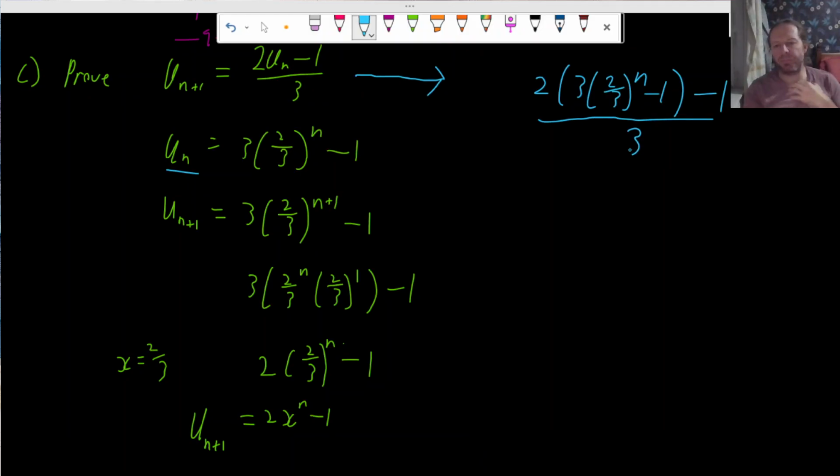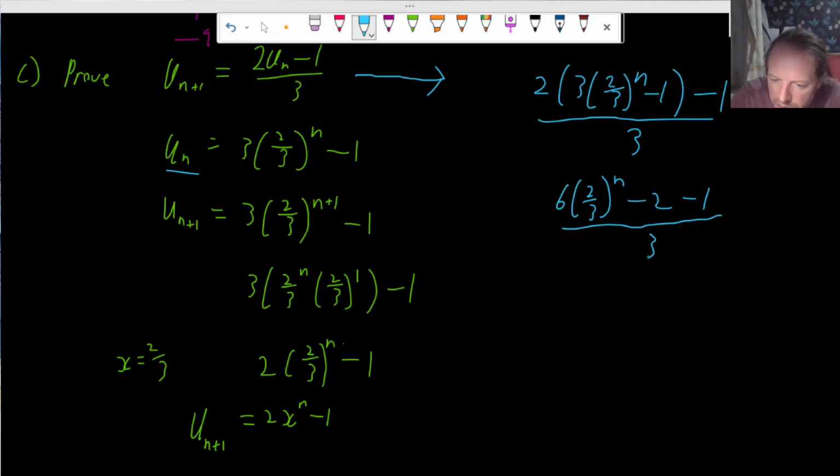A bit messy, but let's start multiplying it out. 2 times 3 is 6, so 6 times (2/3)^n, minus 2, and the minus 1 on the end is still being divided by 3.